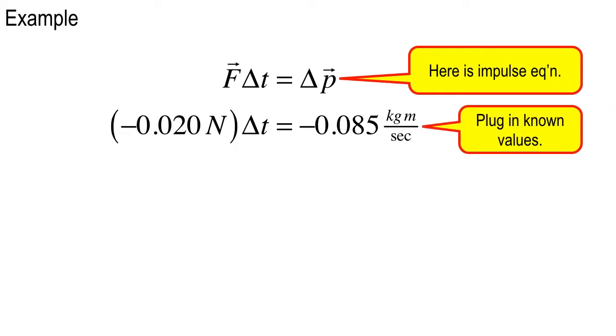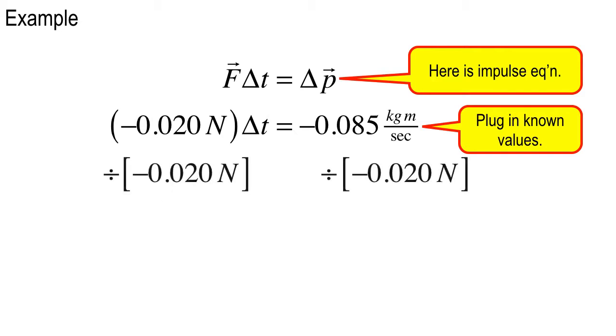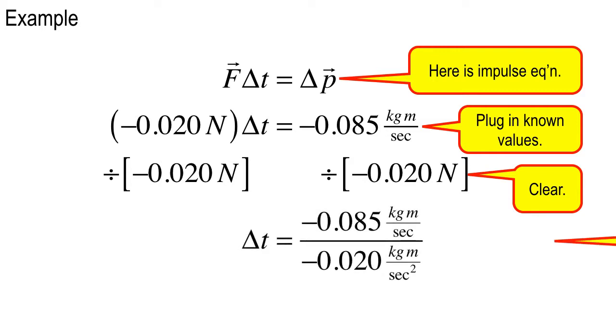Okay. Now we want to clear the left side. So we do that by dividing both sides by negative 0.020 newtons. All right. And I'm going to do a little bit of fancy footwork here. Notice that I've got delta T cleared on the left, so that's good. That's what I wanted to do. And I've got a quotient on the right, and we're going to compute that.